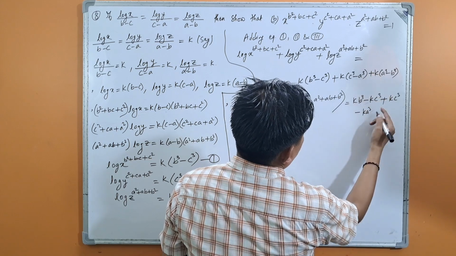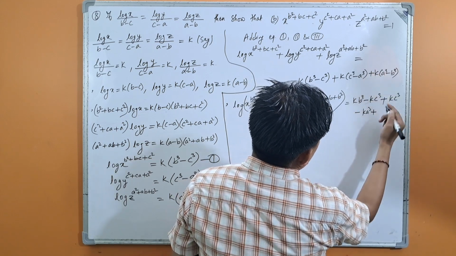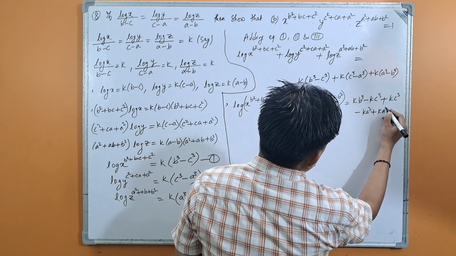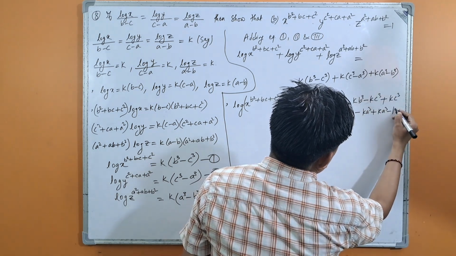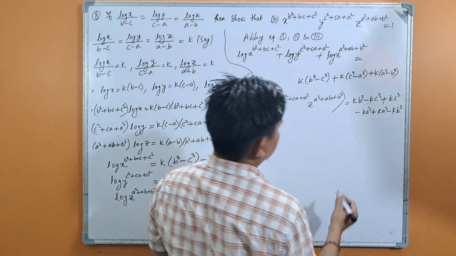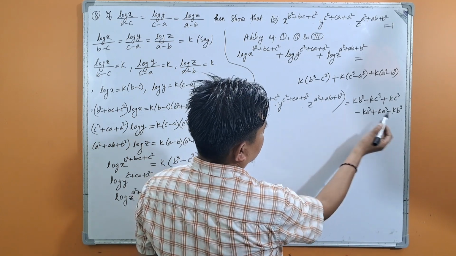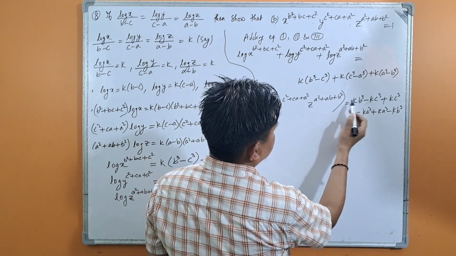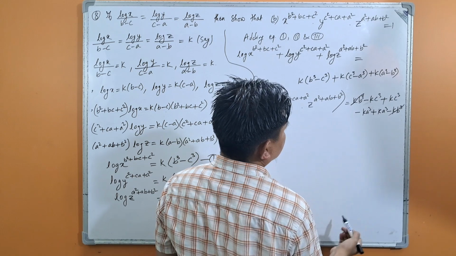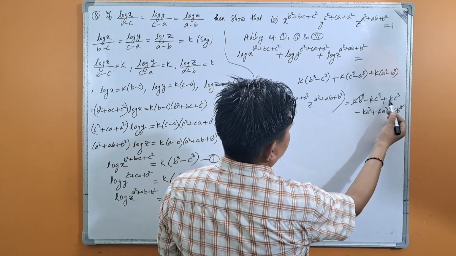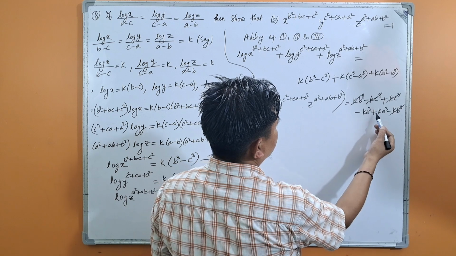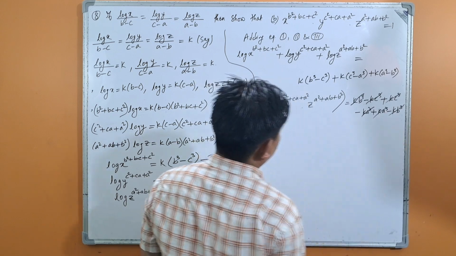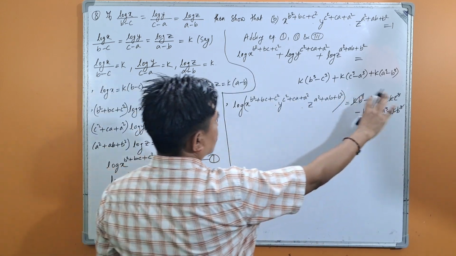Okay, this plus we write here, k into a cube, ka cube, plus into minus is minus, k into b cube, kb cube. This plus kb cube and minus kb cube, same number, opposite sign, we can cancel this. This becomes 0. Minus kc cube and plus kc cube can be cancelled. Minus ka cube and plus ka cube, this also can be cancelled. So nothing is left in the right hand side, 0.